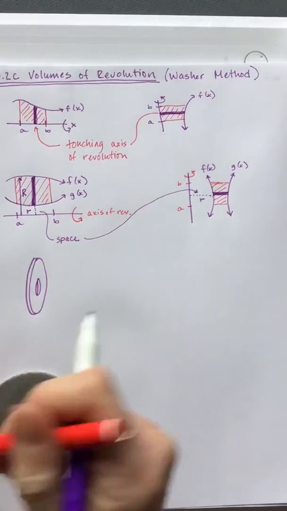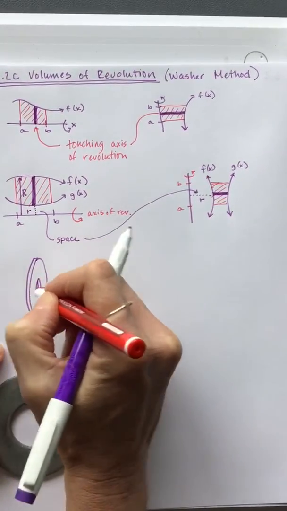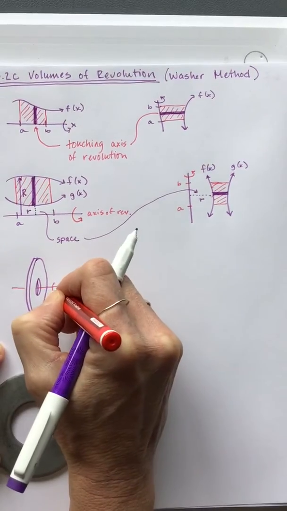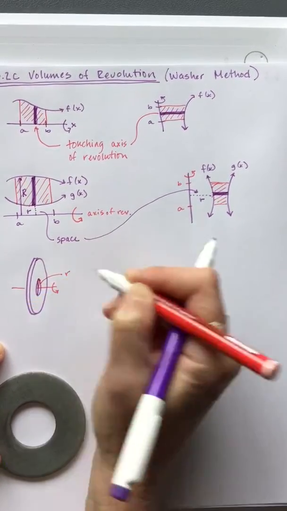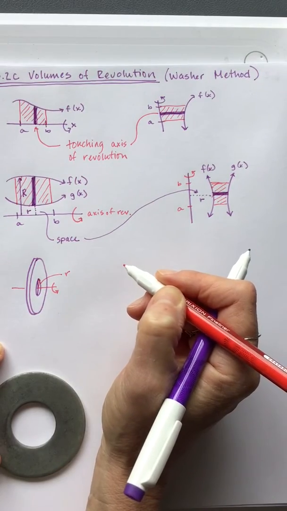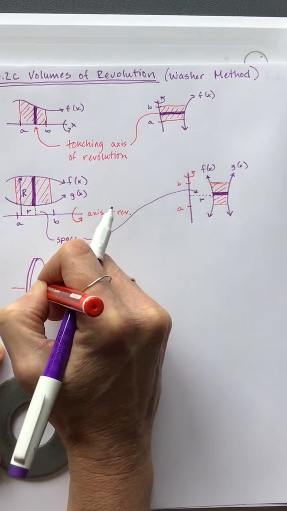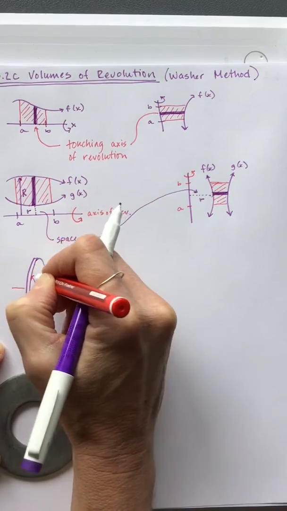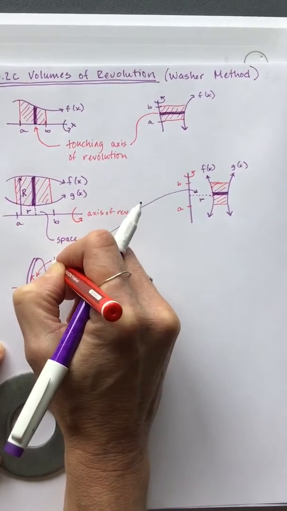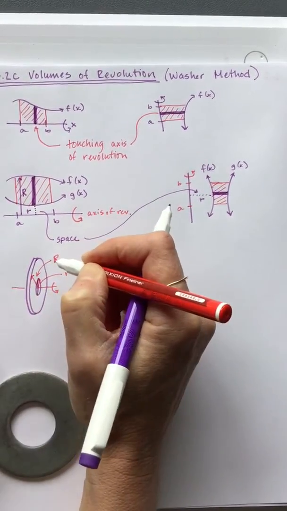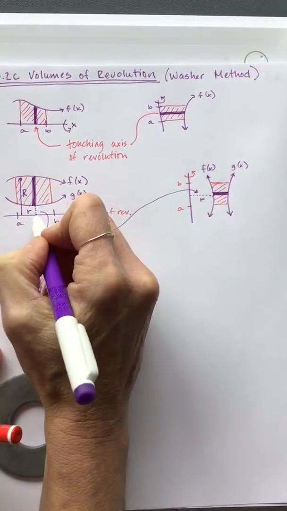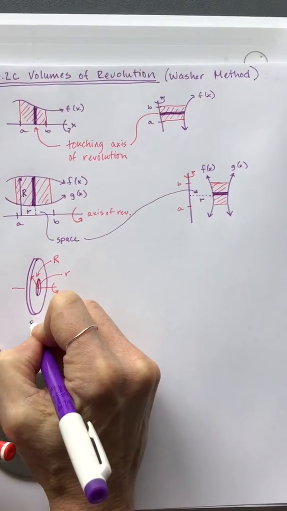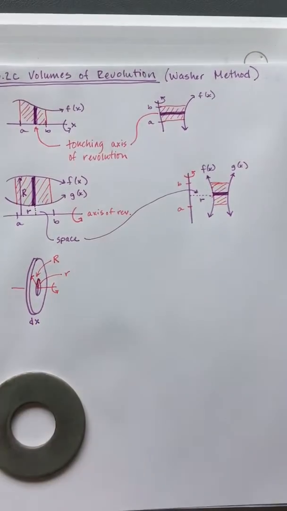So here, this is our axis of revolution, and this distance out is that space, the little r, and the distance out to the edge, that would be the big R. And of course, this thickness here is a little bit of the x-axis, so it's a dx slice.